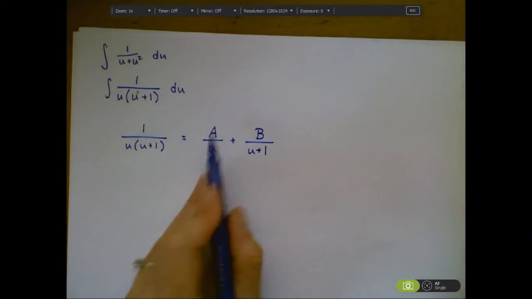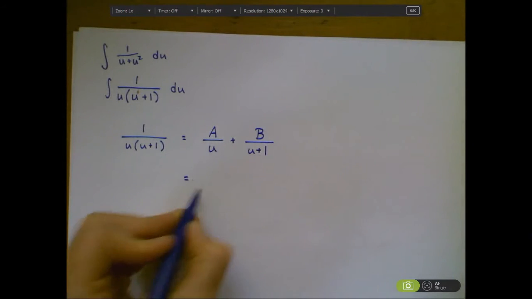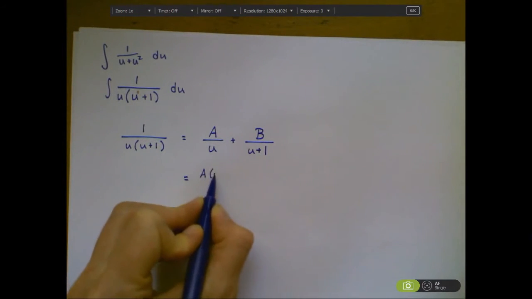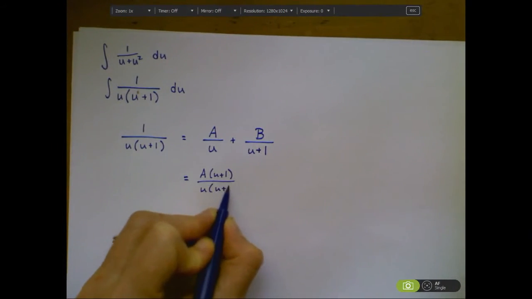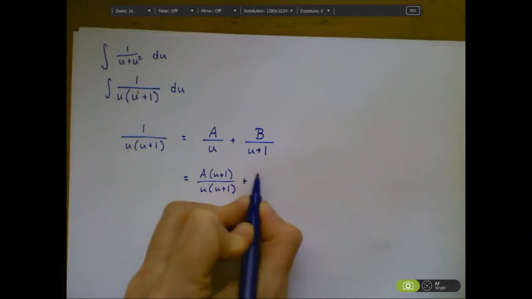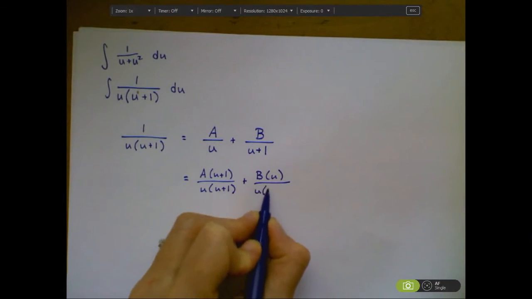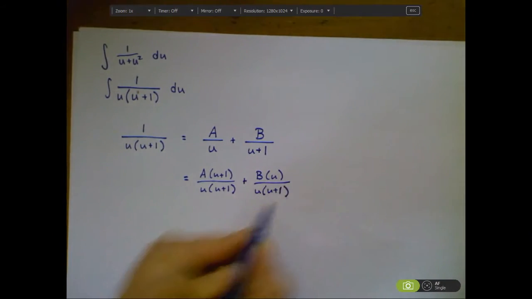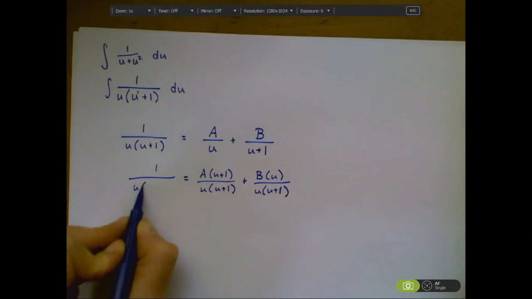I need to figure out what a and b are going to be. You could do this formulaically, or you can see that on the right side we get a times u plus 1 divided by u times u plus 1, plus b times u divided by u times u plus 1. So I'm getting a common denominator because that's exactly what my original fraction was equal to.